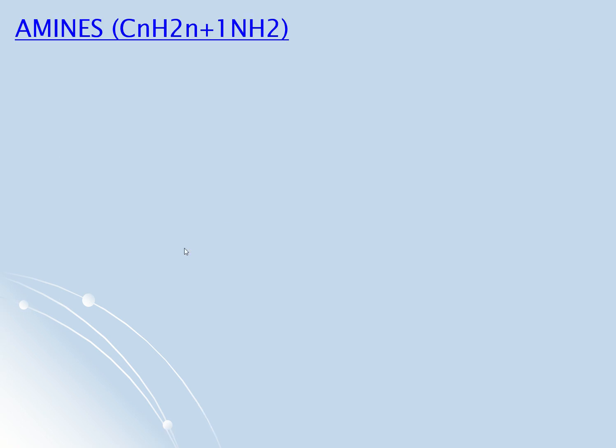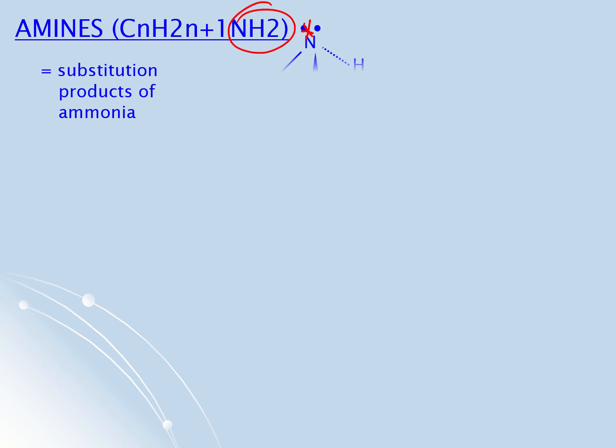Okay, so amines, like all of your organic compounds, you have to know the general formula. That is, of course, the general formula there, so please guys make sure to learn it. You can see we've got the NH2, which is the functional group in amines. These can be essentially treated as substitution products of ammonia, so substituted with alkyl groups.